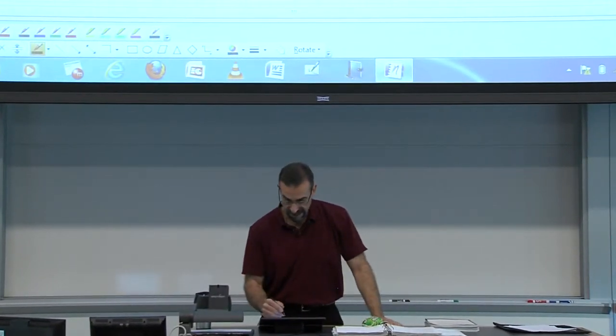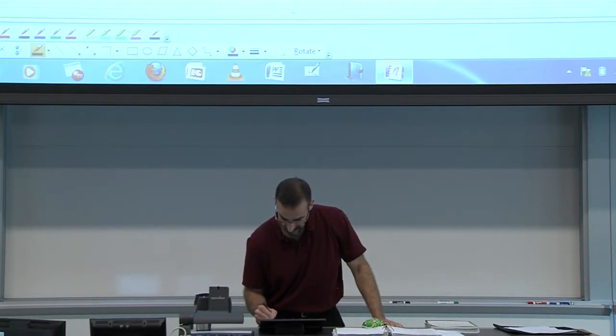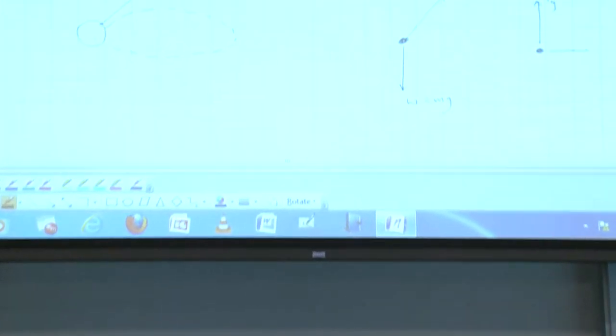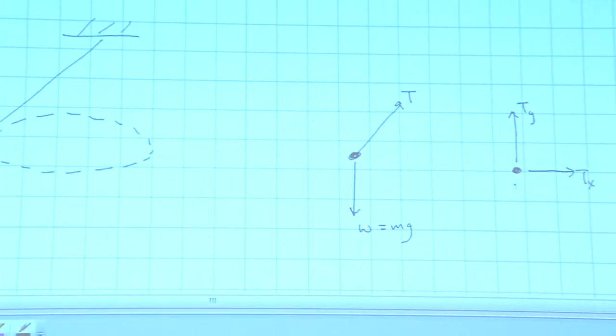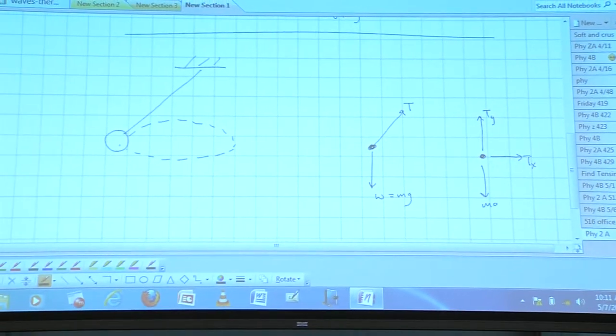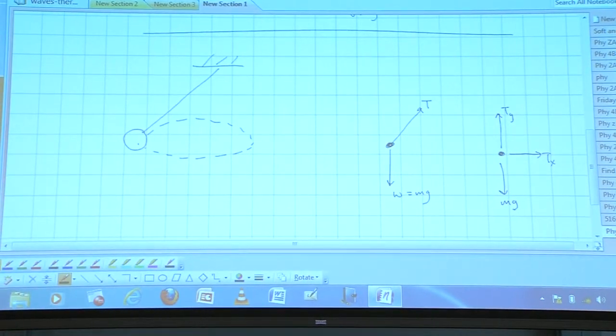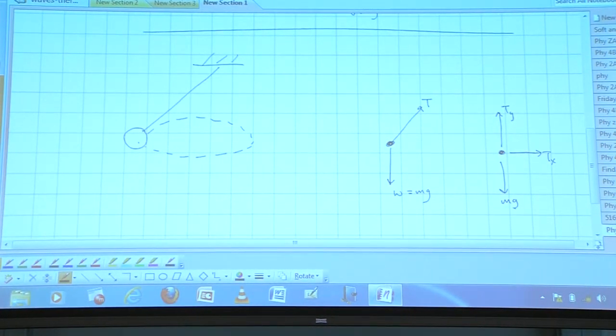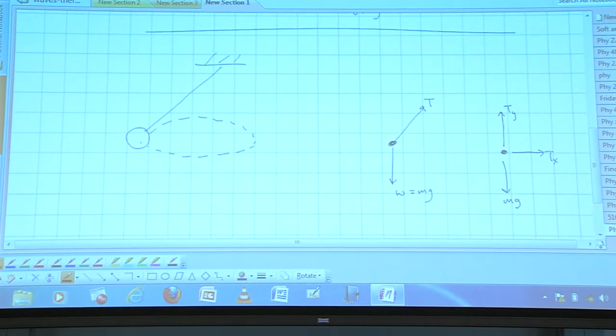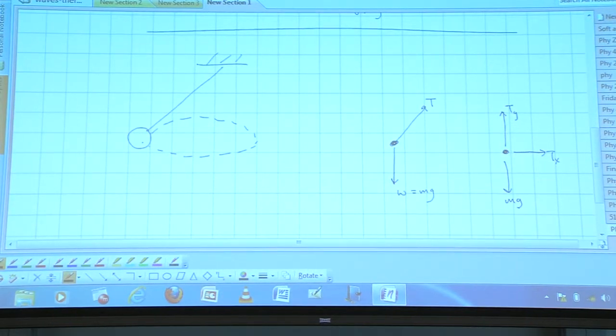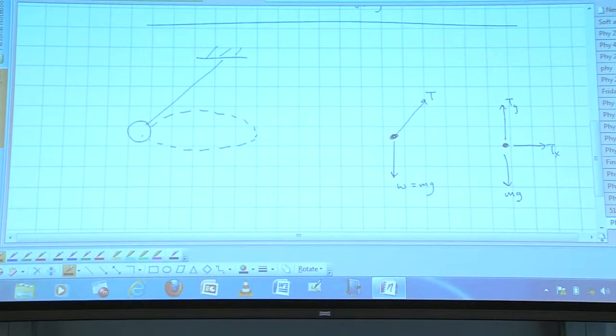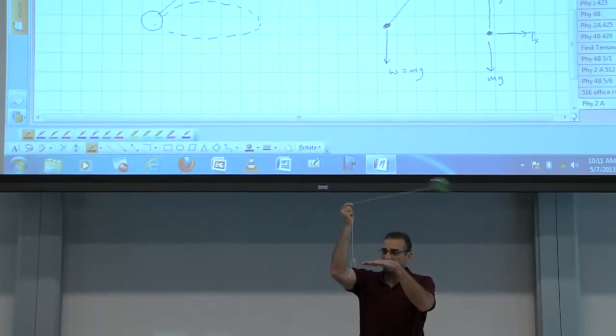And now let's break up this tension: tension in the y, tension in the x, and the weight. So can we ever swing this thing around fast enough such that it's perfectly horizontal?